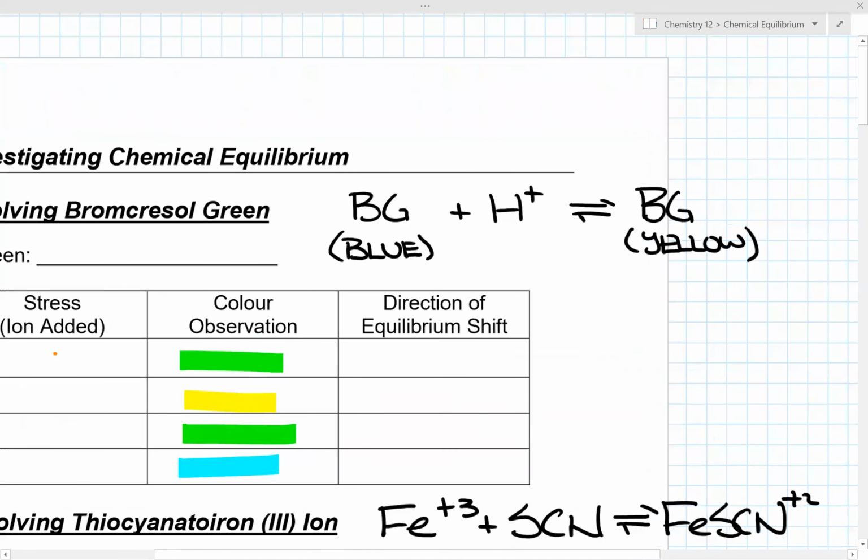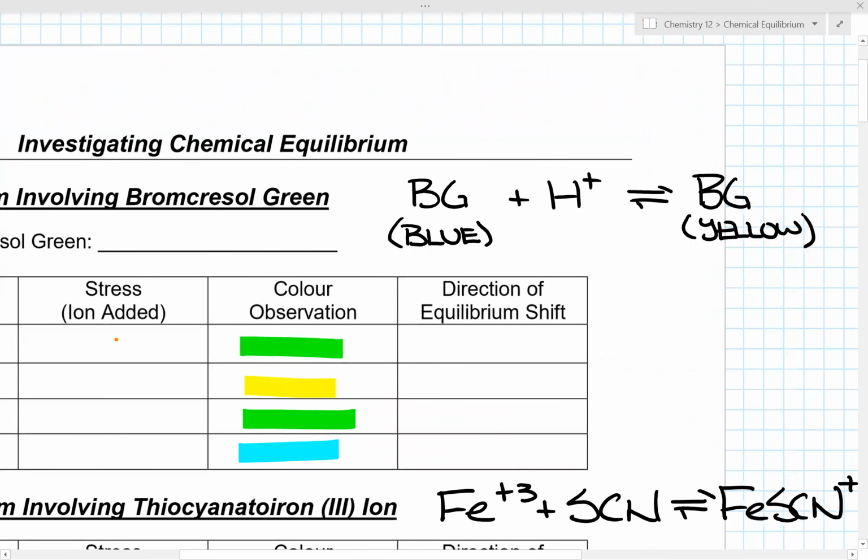The equation for part 1 looks something like this: BG is bromocresol green plus H+ gives you bromocresol green, yellow. Some of you are frantically copying this down. Mr. Chan, where did you get this information from?